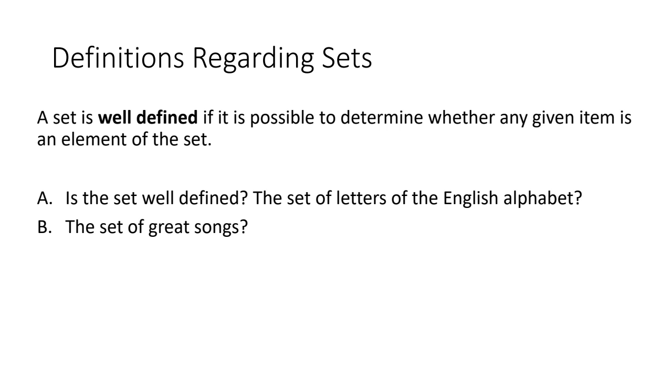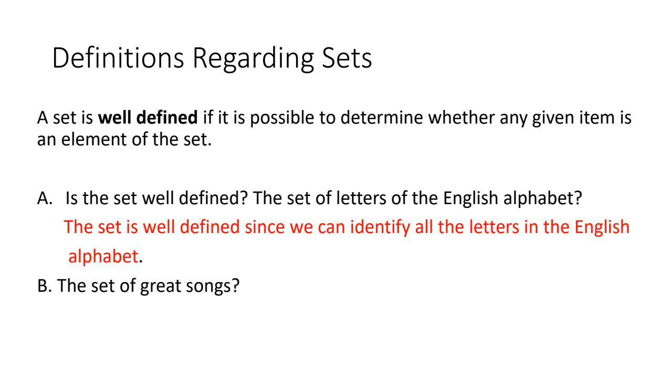And in B, which is the set of great songs, if I were to ask you what is the set of great songs, this is something that cannot be determined specifically so that we all get the same answer, because a great song is something subjective.